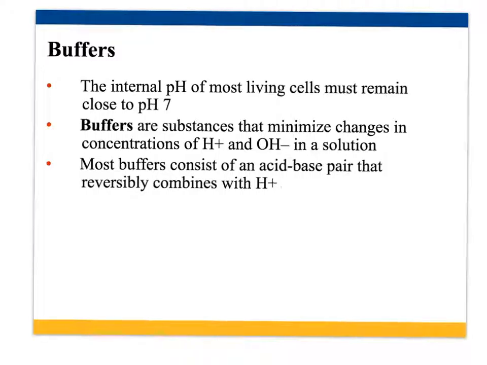About 7.35 to 7.45, with the average being about 7.4. Sometimes that changes. What we don't want to happen is for it to change very quickly, because if it changes too quickly, that causes lots of problems. So the internal pH of most living cells is close to 7.